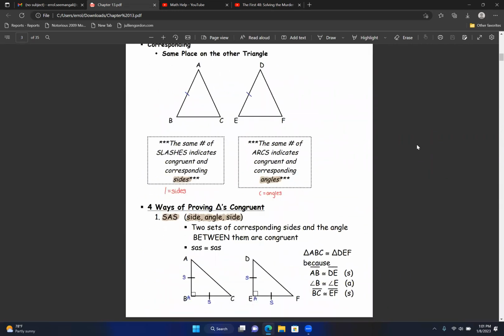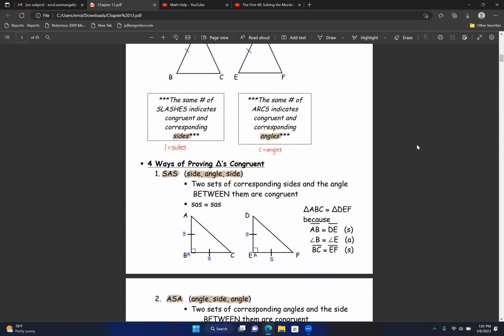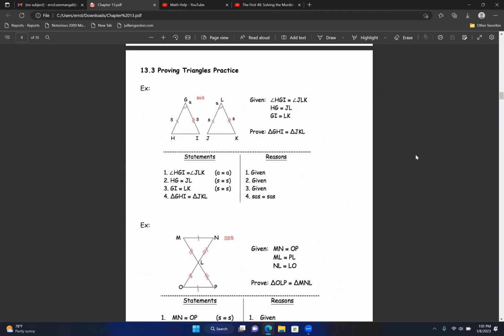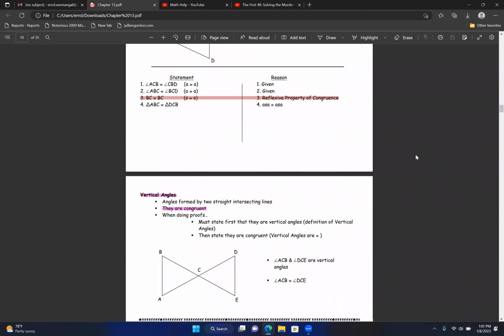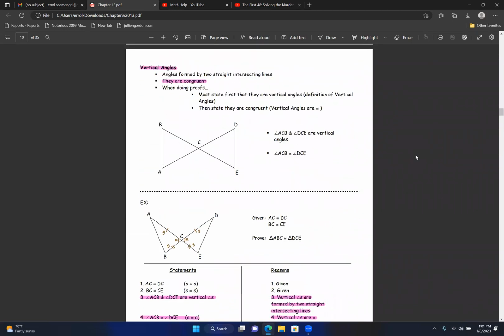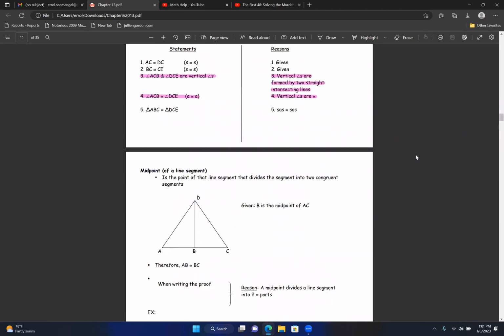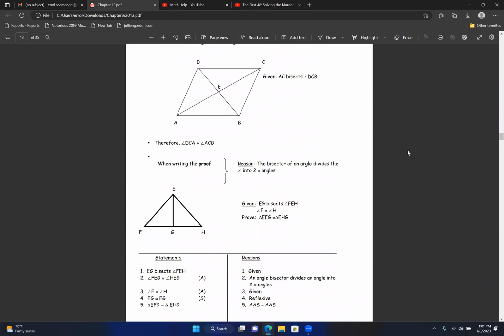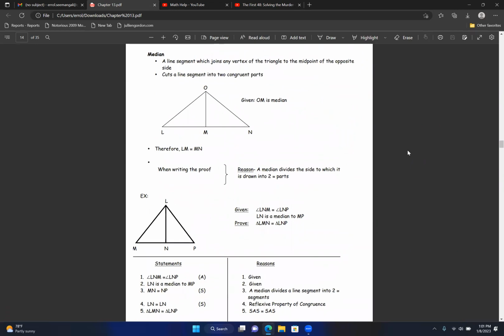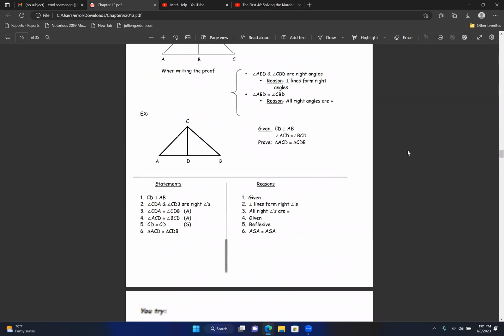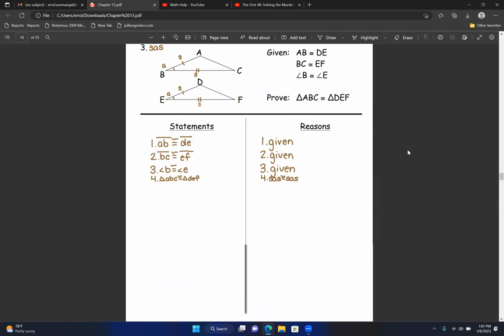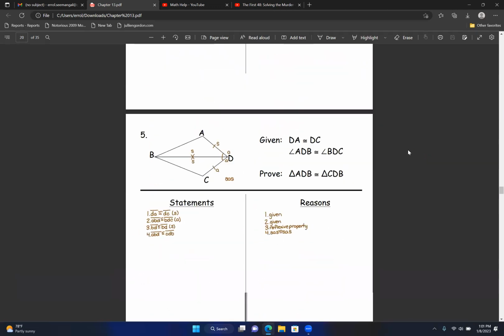And the other one you said, reflexive property of congruence. Is that in the notes here? Yeah, you have to go down. Okay, it's right there. Oh yeah, there's vertical angles right there. Midpoint, line bisector, angle bisector, median, perpendicular lines, SAS. These are just some examples here.